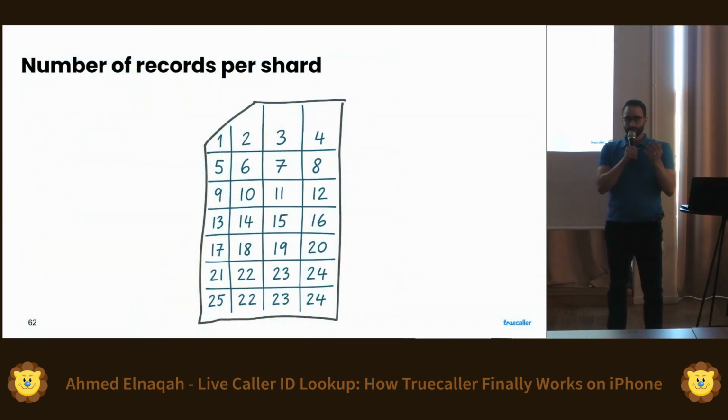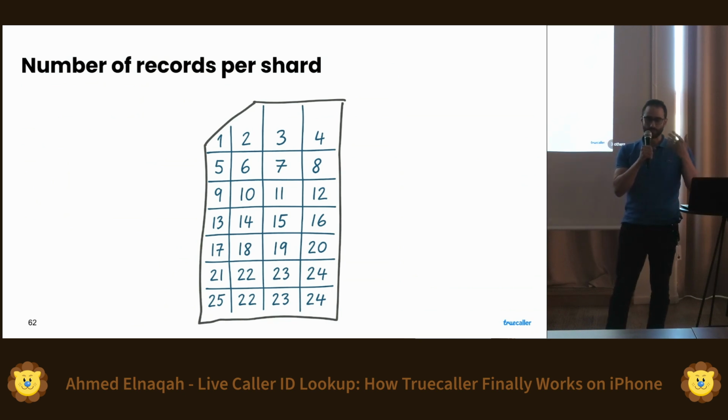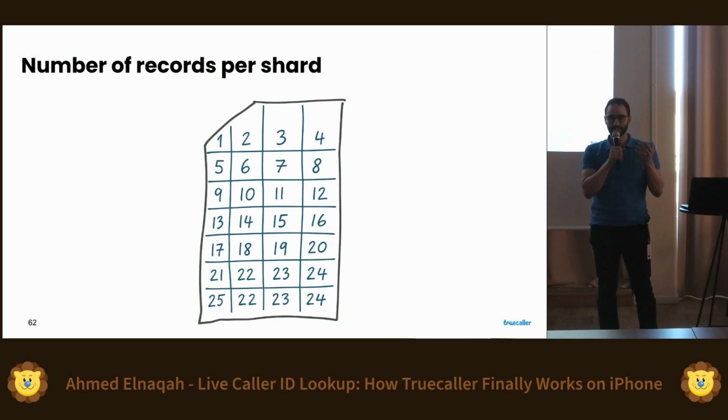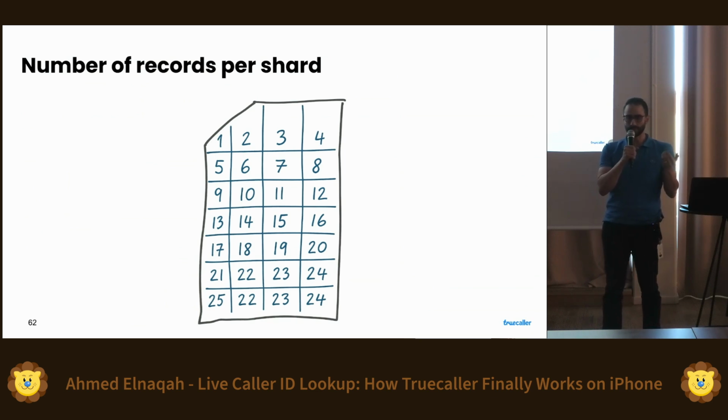So as we know, which shard exactly the user asked us to apply the mathematical query on, the number of phone numbers or contacts inside this shard matters. The lower the number of contacts inside a shard, the more information you can expose about the query.